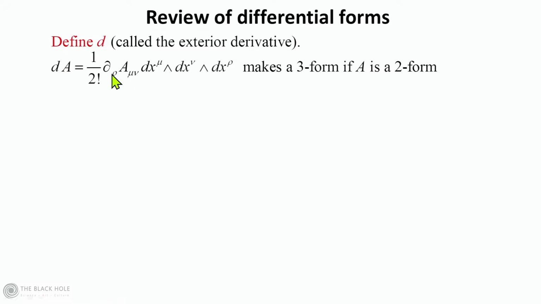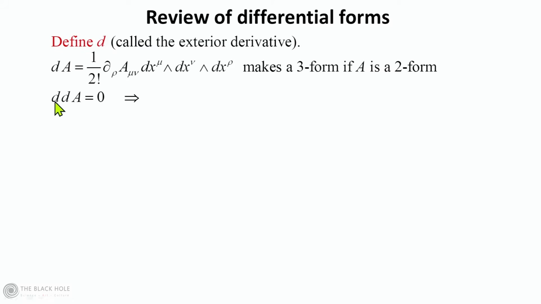Well, what it does is it differentiates with respect to another index, rho in this case, and puts a wedge over here. And so now we have a 3 form from a 2 form. So D raises the form index by 1.